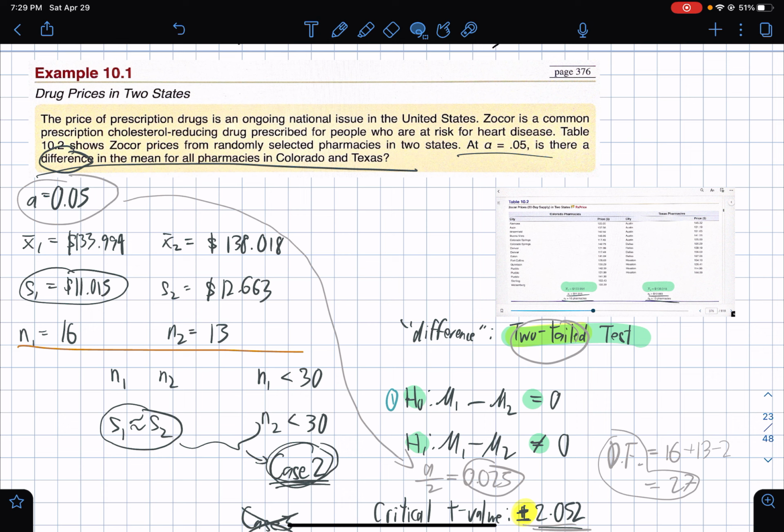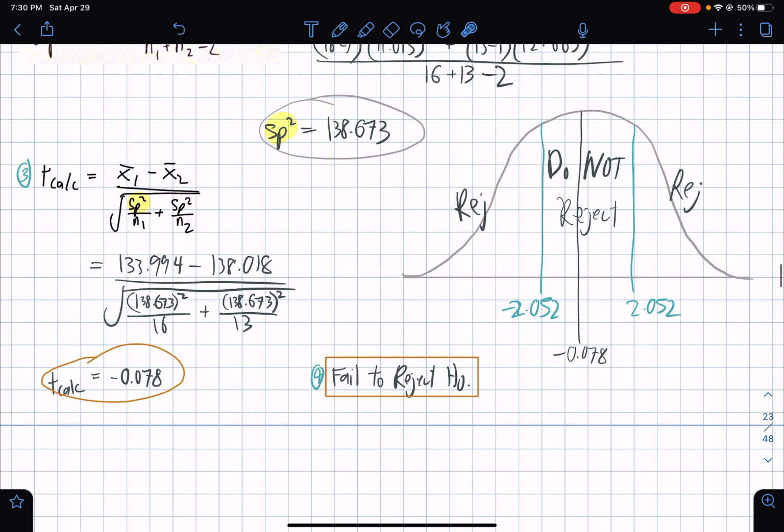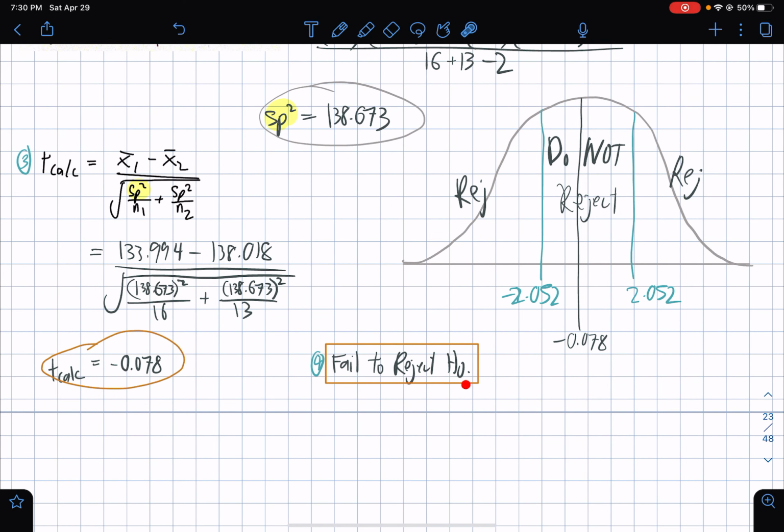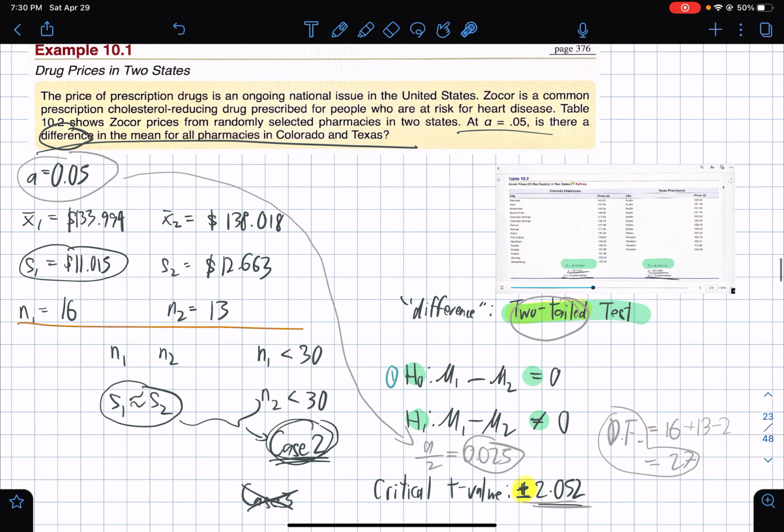So to answer the question earlier, at alpha equal to 0.05, is there a difference in the mean for all pharmacies in Colorado and Texas? In other words, is there a difference? Do we reject H0? As a response, we do not reject H0. That means there is no significant difference.